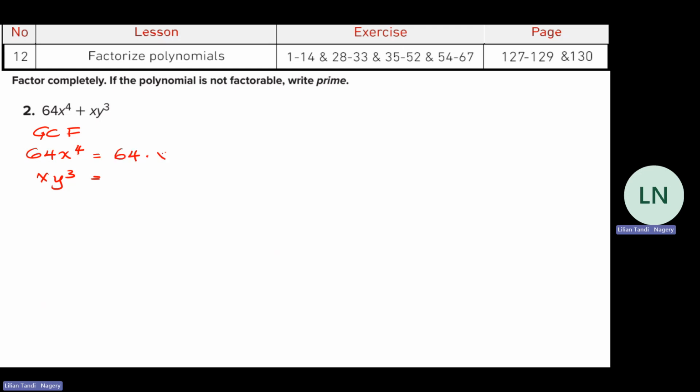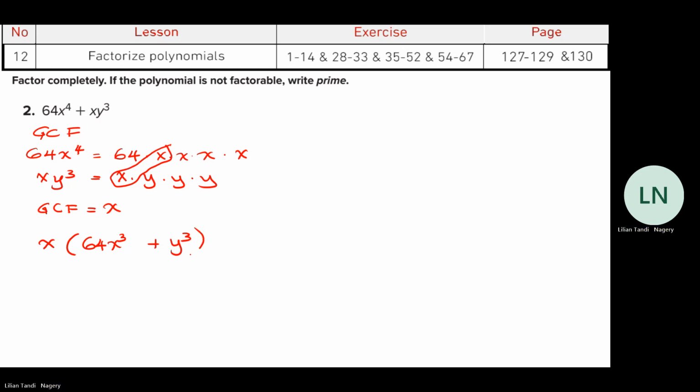So this will be x times x times x times x, and then this one is x times y times y times y. My GCF is x. So I'm going to put x outside. Now I'm going to have x times 64x cubed plus y cubed.